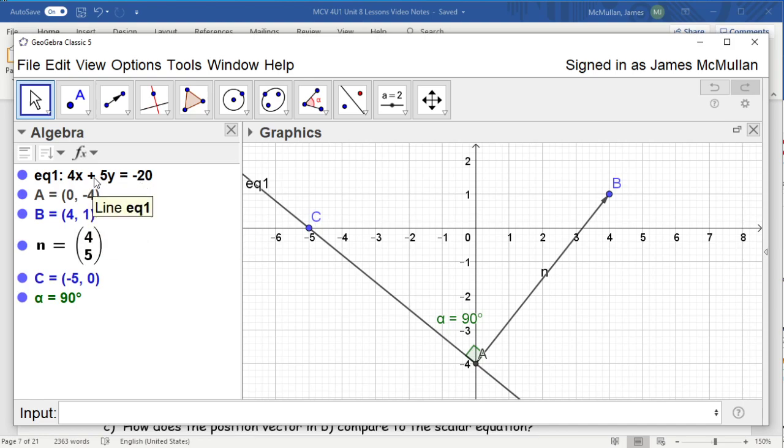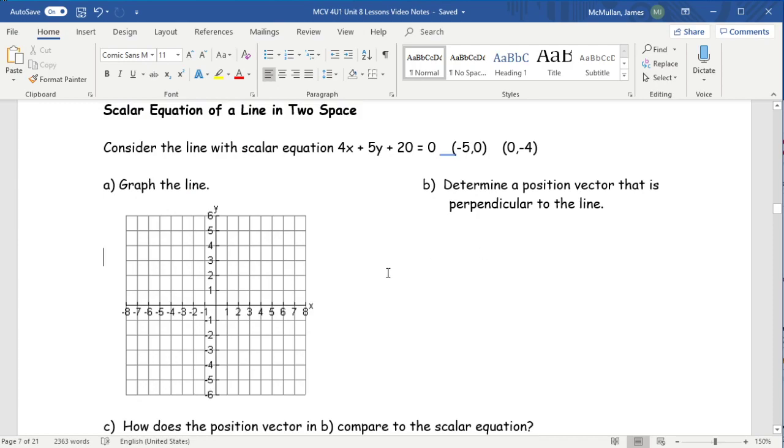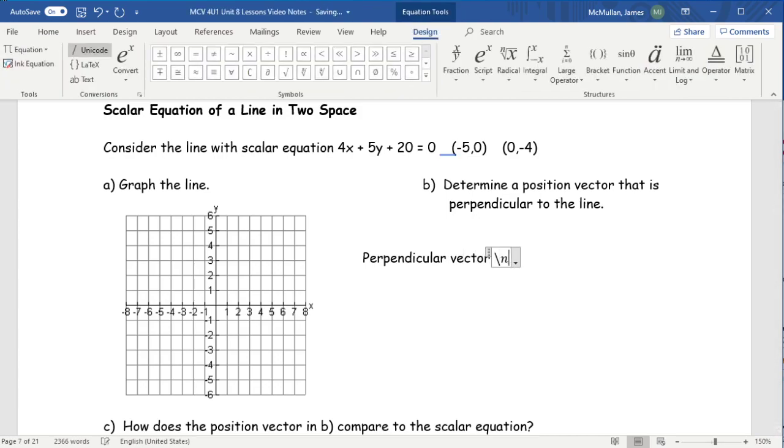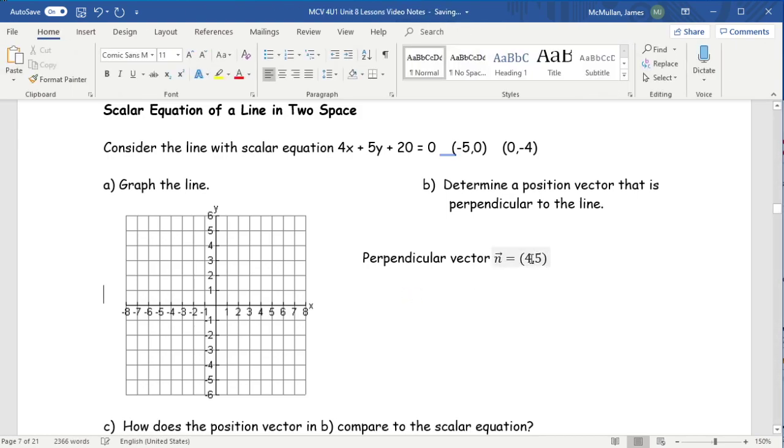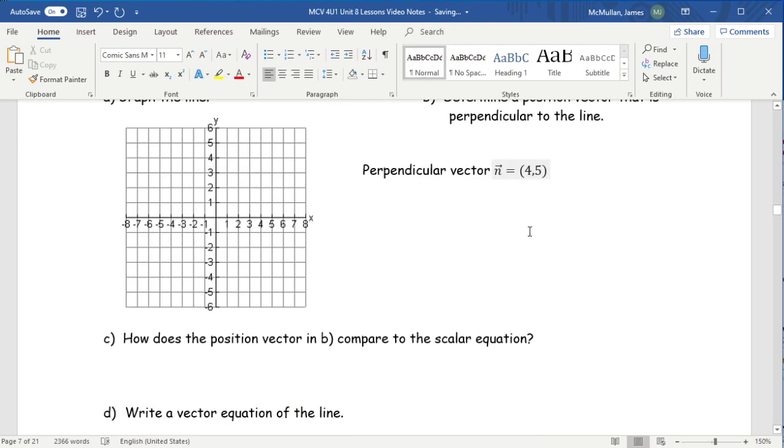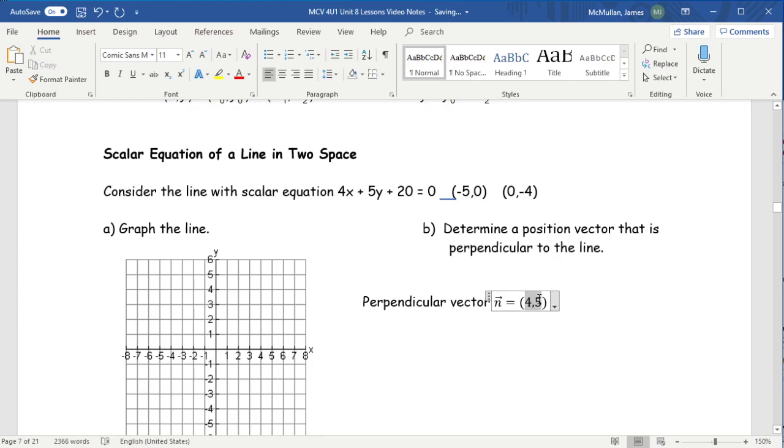If you look at this, we notice that the perpendicular vector is 4, 5, and it appears as though the perpendicular vector has the same components as the coefficients in the question.